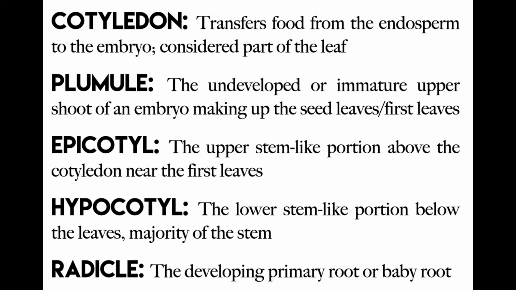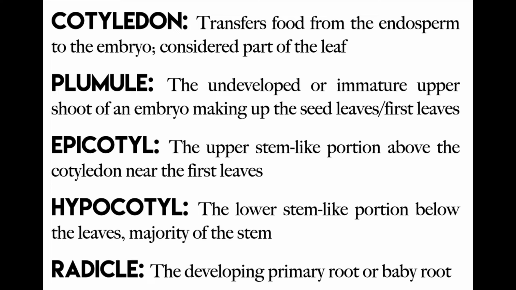The epicotyl is the upper portion connecting to the seed leaves. So some resources may consider the epicotyl, epi meaning on top, as including the plumule. So it may say the epicotyl is the upper portion and the seed leaves. Yes, but other resources may say no, the plumule is separate from the epicotyl. So be aware that there's some overlap in different resources.